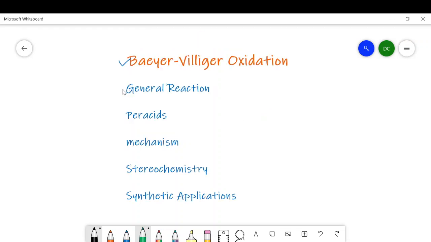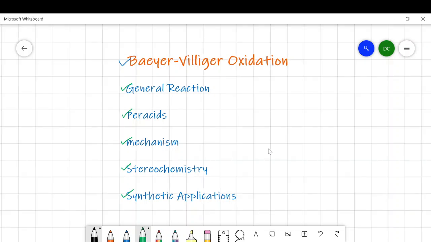We will study the general reaction, then which per acids are effective in the oxidation process. We will study the mechanism, how the stereochemistry of product is retained in the oxidation process, and finally we will come towards the synthetic application of Baeyer-Villiger oxidation. So let's start with the Baeyer-Villiger oxidation and its general reaction.